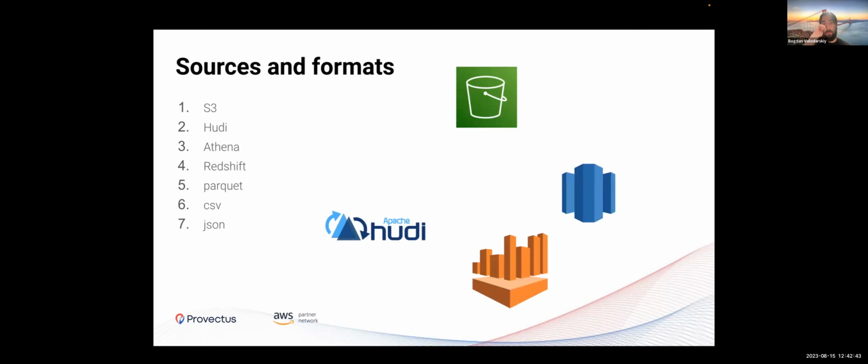So if you talk about sources and formats for now, it's S3, Hudi, which is also based on S3, Athena, Redshift, and as formats, Parquet, CSV, and JSON. All these formats and sources are already integrated.